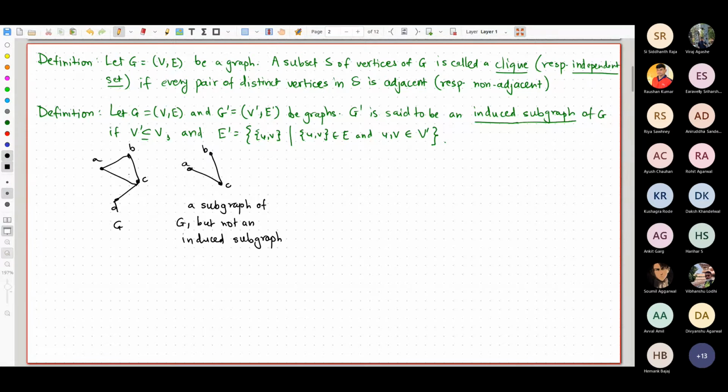The vertex set is a subset of the vertex set, the edge set is a subset of the edge set. So therefore this second graph is a subgraph of G.